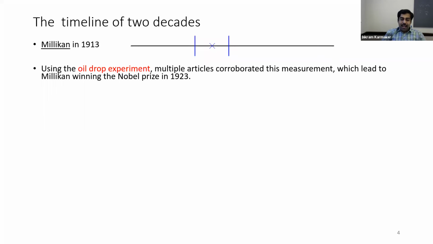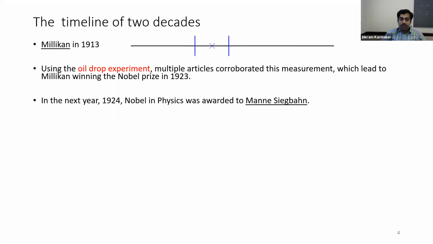Not only did he calculate it, but many people in other groups and other research areas also used it to replicate his calculation. For about 10 years, there were many corroborations of this measurement, following which he got the Nobel in 1923.